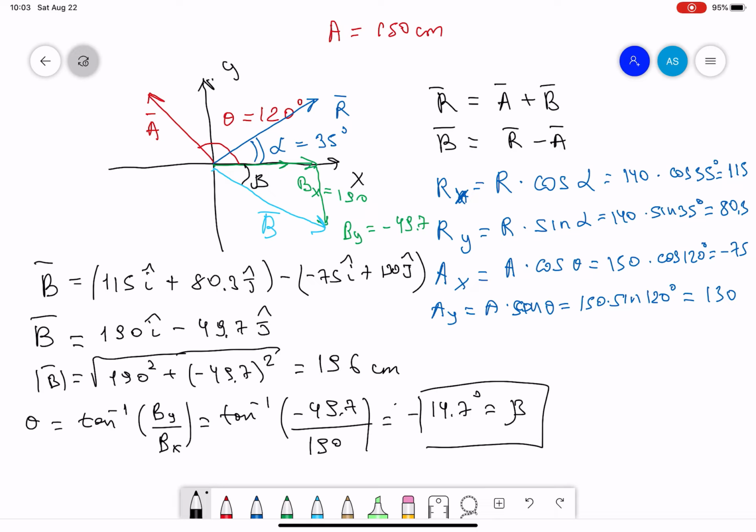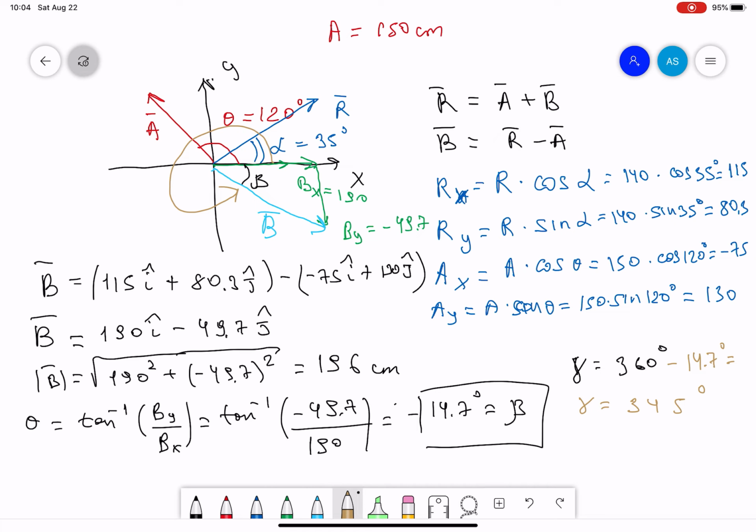Or if you want to find it from the positive x, then you can say that your gamma is equal to 360 degrees, because you have to take this whole angle from positive x up to here, minus 14.7 degrees. If you do the calculation, your gamma is equal to 345 degrees.